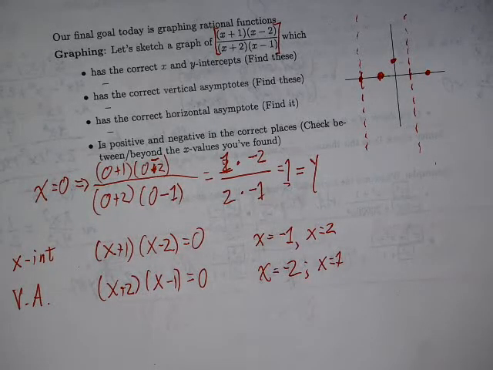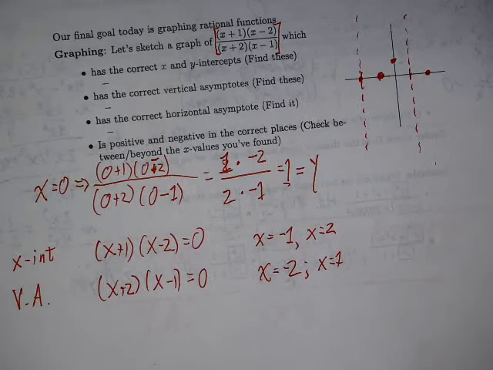Progress is being made. Where is the horizontal asymptote of this function? How do you find the horizontal asymptote? I guess we'll remember two different ways. Let's think of it this way first. Let's imagine we plug in x equal to like 1,000,000. So imagine a really, really big number for x.